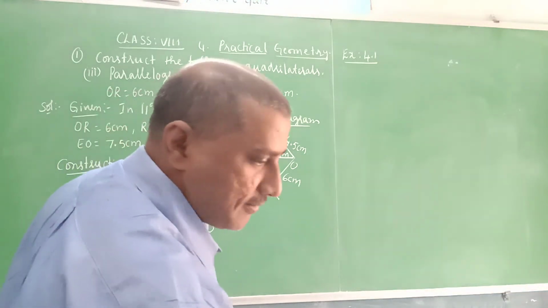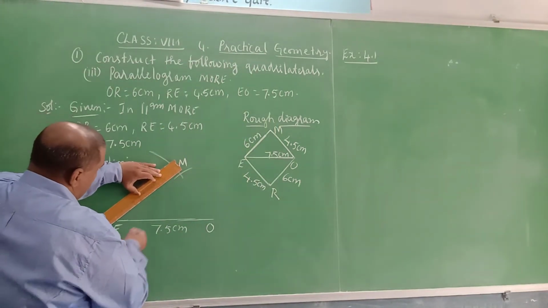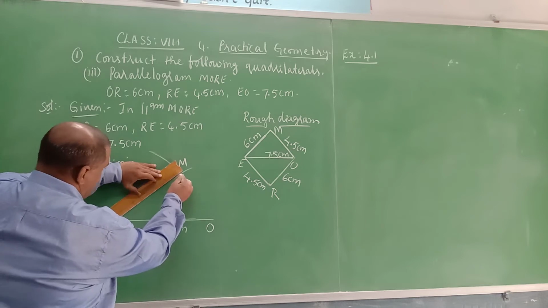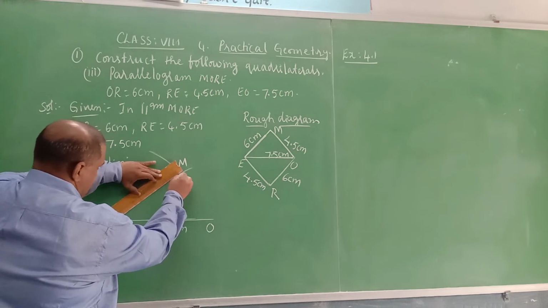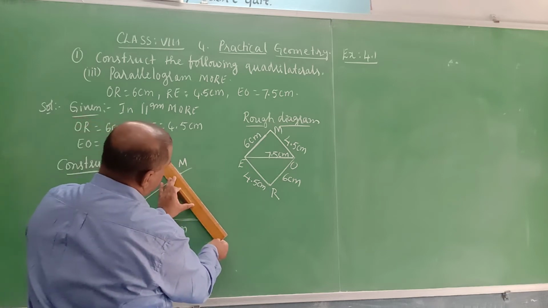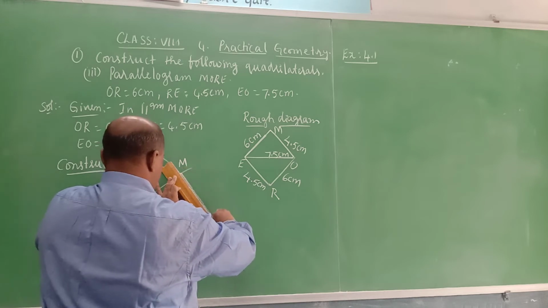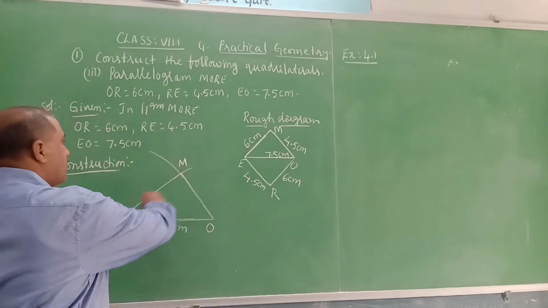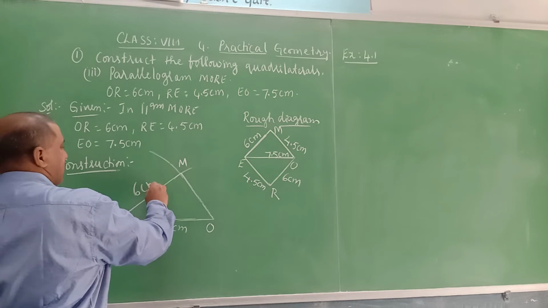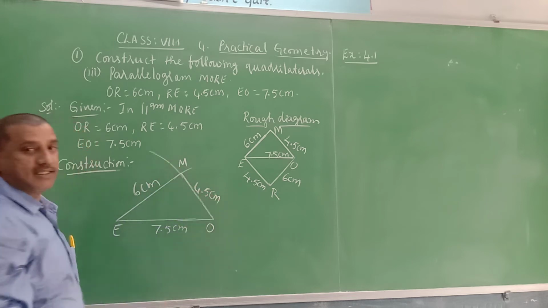Now join M and E, we get ME. Join OM. So this is 6 centimeters and this is 4.5 centimeters.